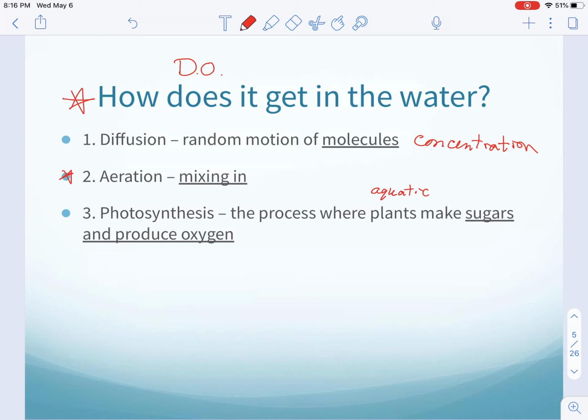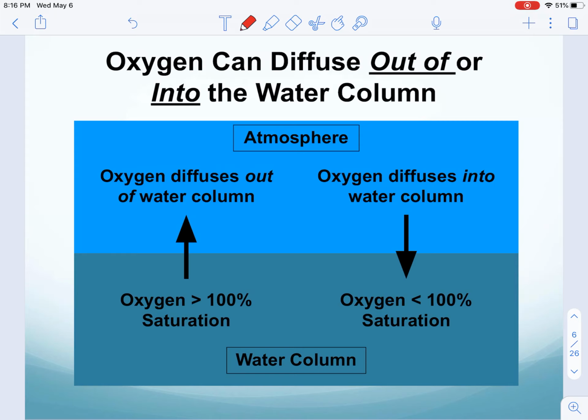All right, so let's take a dive into diffusion here. So as you can see, there's a boundary here. All right, so let's just put some waves in here to demonstrate the surface of this body of water. Okay, and remember, we have two options here when it comes to diffusion. Diffusion can allow things to go into it, or it can get rid of it, depending on the concentration.